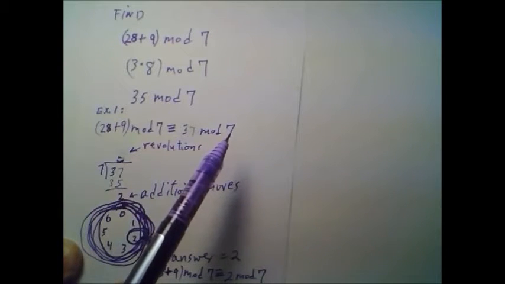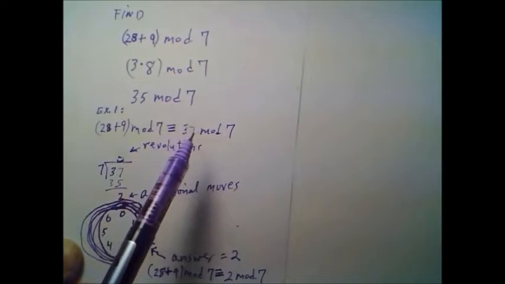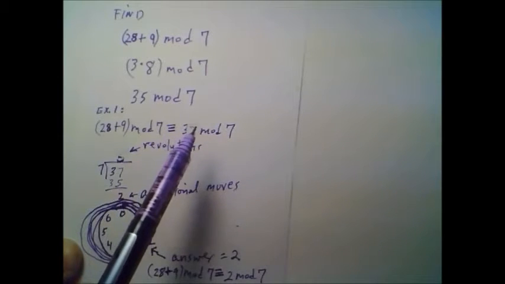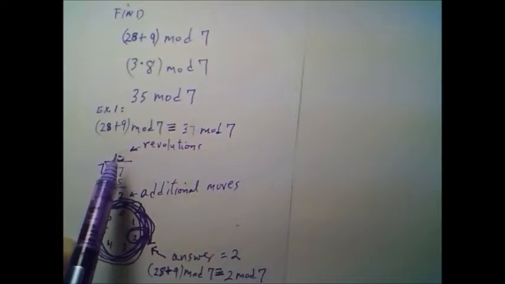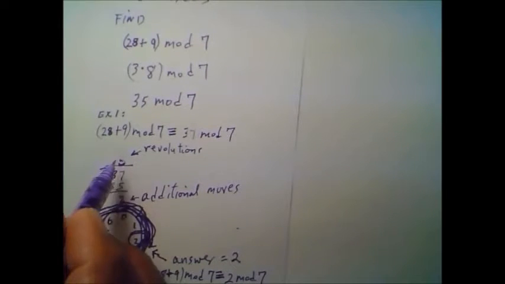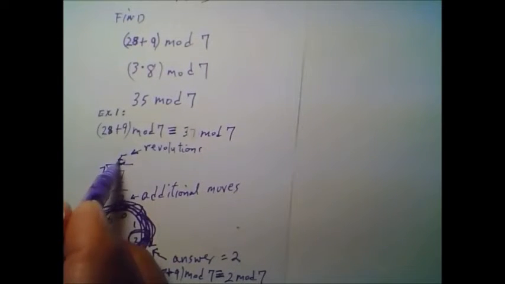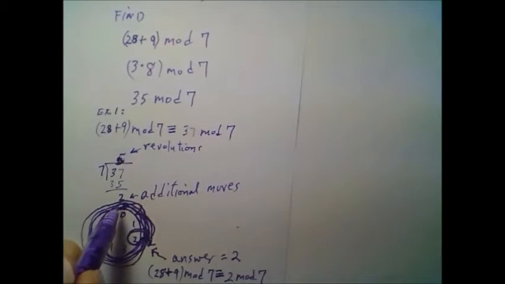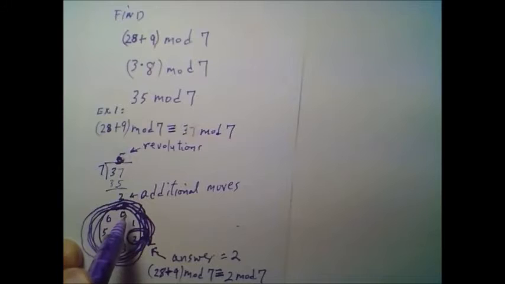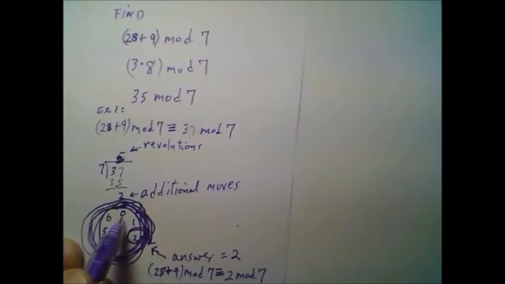So once again, when you're working in a certain mod, you can only get numbers that are on the modular clock. My possible answers to problems involving mod 7 are 0, 1, 2, 3, 4, 5, 6. Those are the possible answers. I would have to end up at one of those numbers when I do my modular arithmetic.